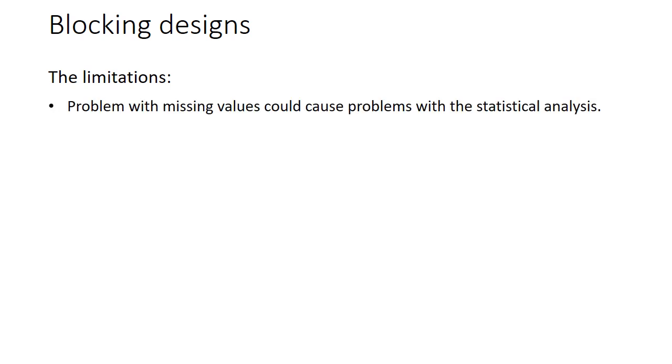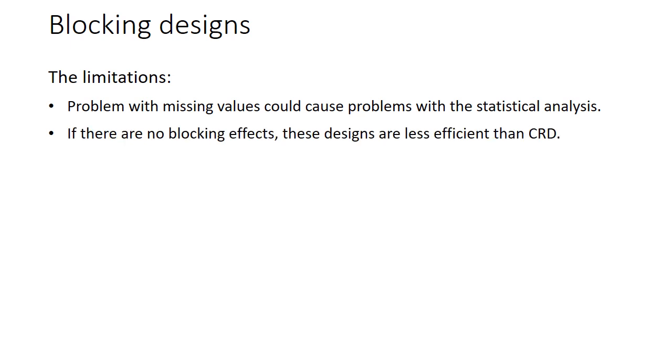However, this design also has some limitations. When there are missing values, the analysis is not straightforward, as block effects could become confounded with treatment effects. A CRD maximizes the residual degrees of freedom.